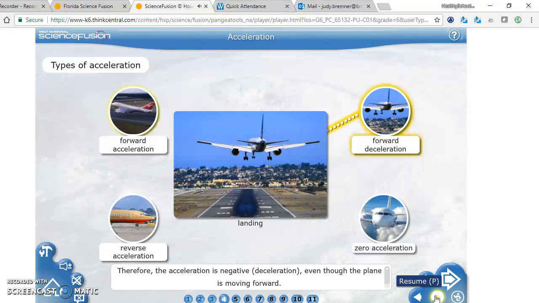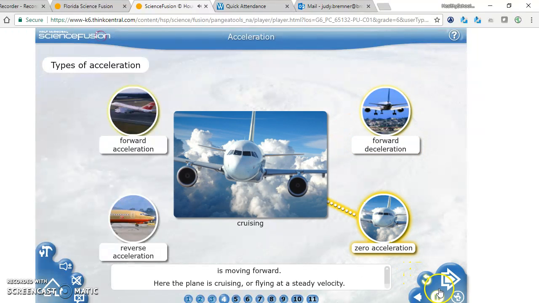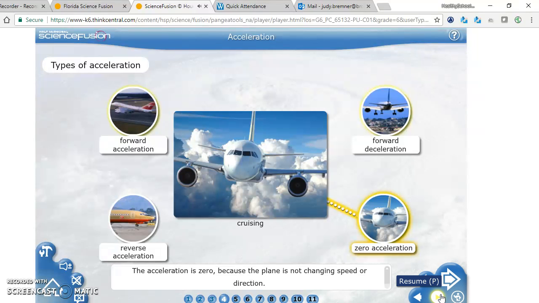Therefore, acceleration is negative, deceleration, even though the plane is moving forward. Here, the plane is cruising, or flying at a steady velocity. The acceleration is zero because the plane is not changing speed or direction.